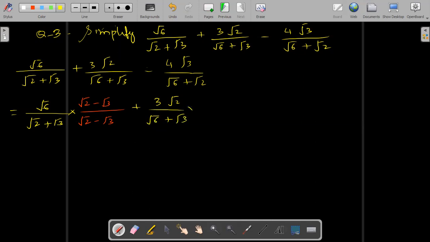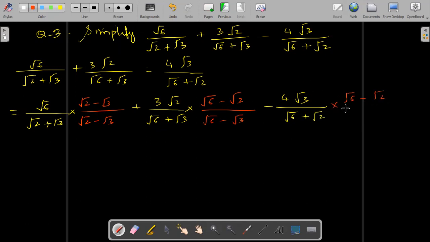Its rationalizing factor will be root 6 minus root 3, root 6 minus root 3. And the third term is minus 4 root 3 divided by root 6 plus root 2. Its rationalizing factor will be root 6 minus root 2 upon root 6 minus root 2. Now we will rationalize.